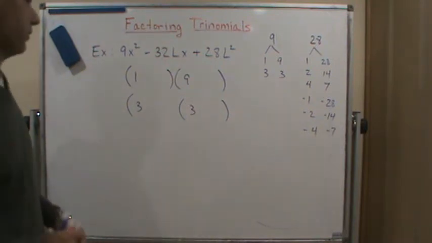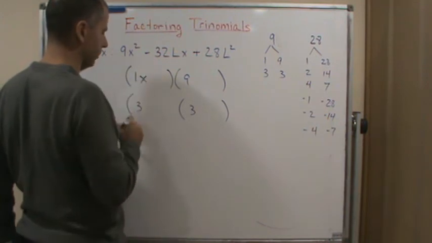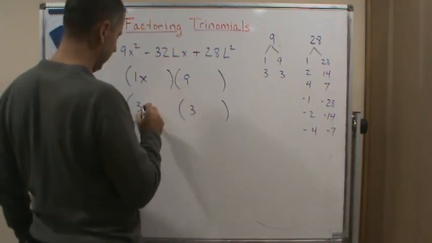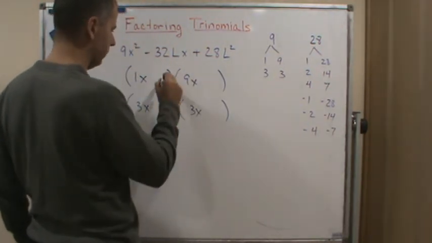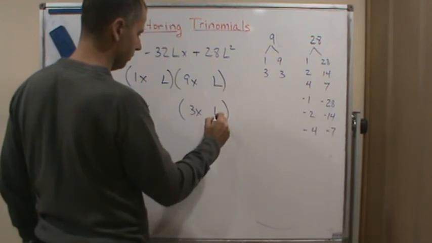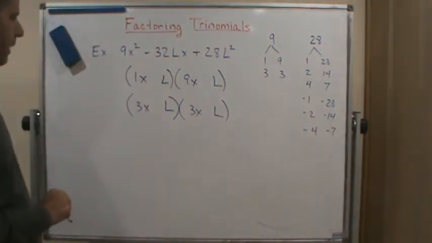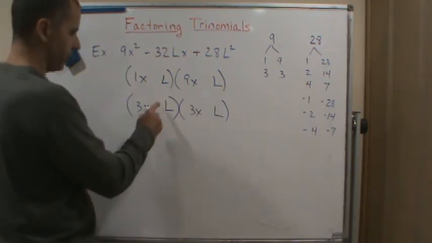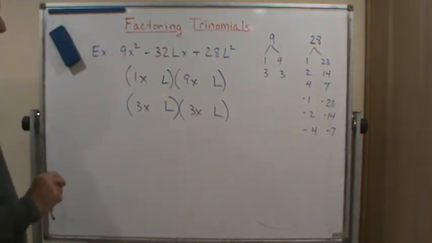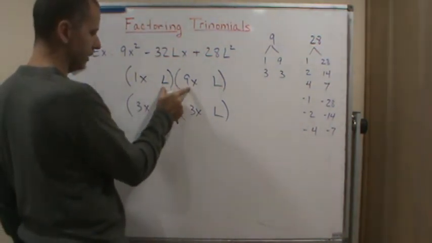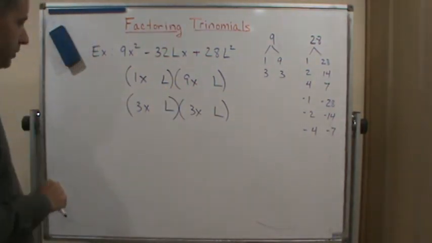Okay, so let's look at this. Here, we know we're going to have an X here, and we're going to have an L here. So we have to have X's, and we know we're going to have an L. Now it's a matter of just putting in the correct numbers, so that when we do the inside and outside, they give us the correct numbers.